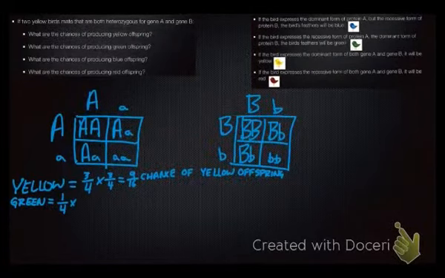And then to be green, they'd also have to express the dominant form of gene B, which would be a 3 out of 4 over here, which would give us a total of 3 out of 16. Okay. How about blue offspring?